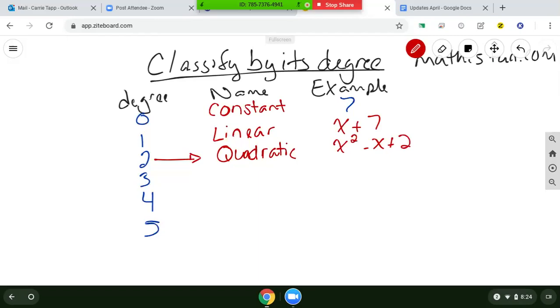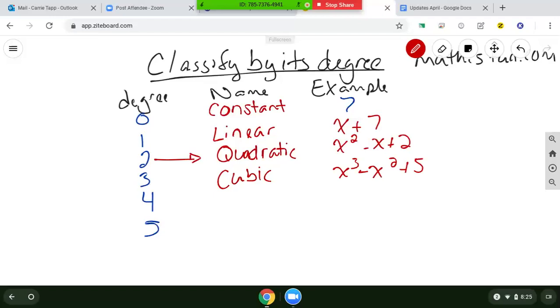Then if I look at 3, it's going to be cubic. Usually when you get past 2, you can put just the degree with it. So x cubed minus x squared plus 5.